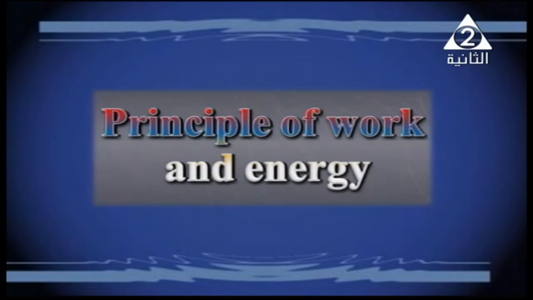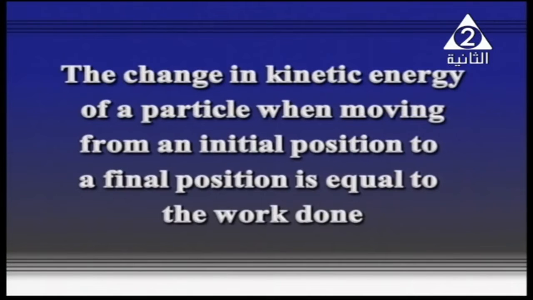Look at, my dear student, the change in kinetic energy of a particle when moving from an initial position to a final position is equal to the work done. Kinetic energy, my dear student, is half mv squared.